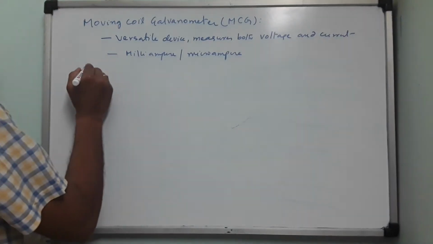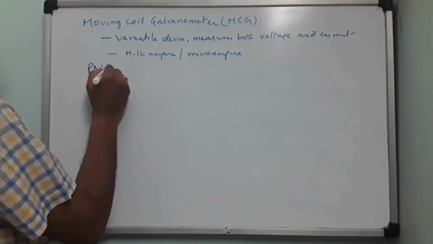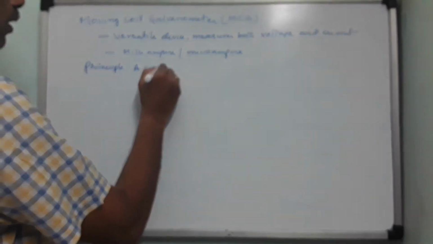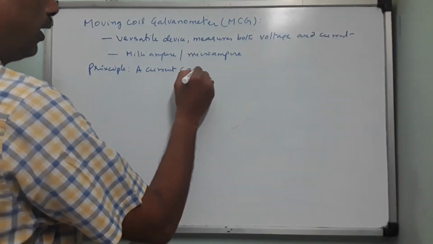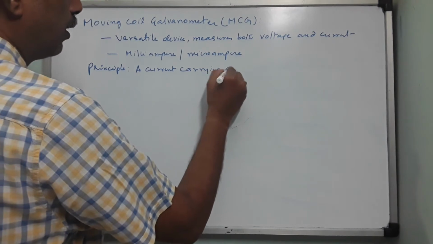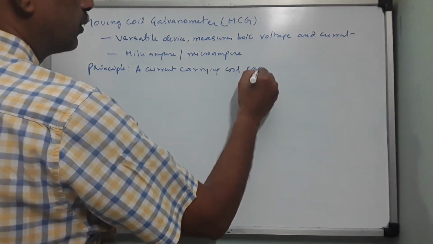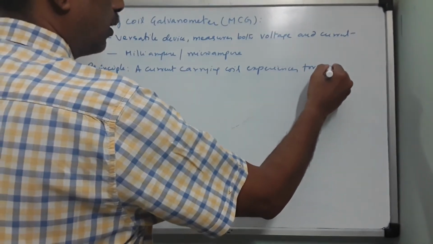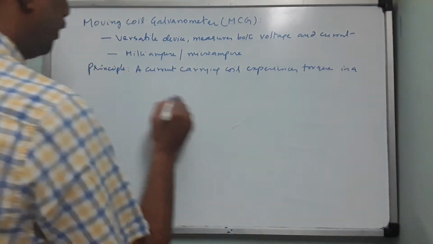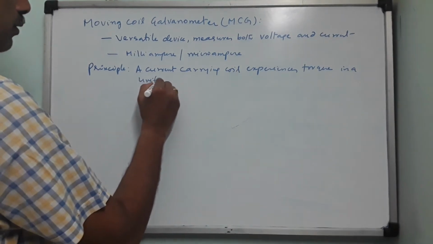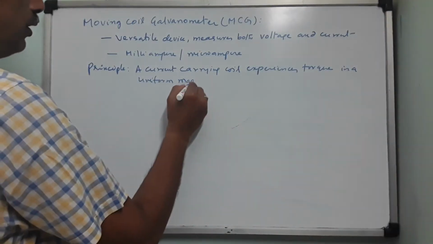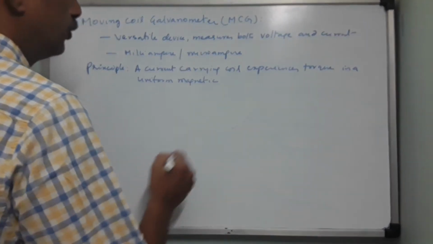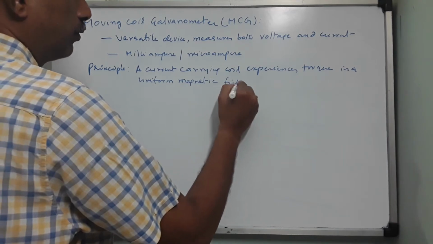So the principle of MCG is: a current carrying coil experiences torque in a uniform magnetic field. It is not supposed to have translational motion, it should have only rotational motion, hence the uniform magnetic field.